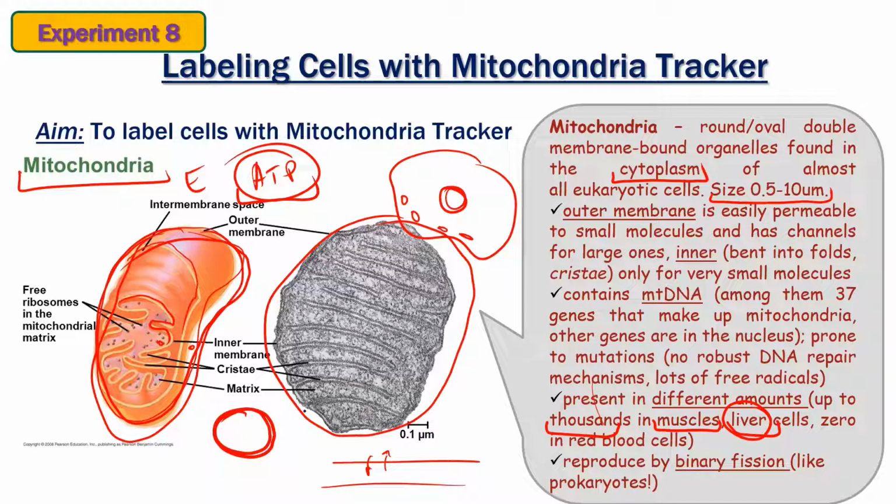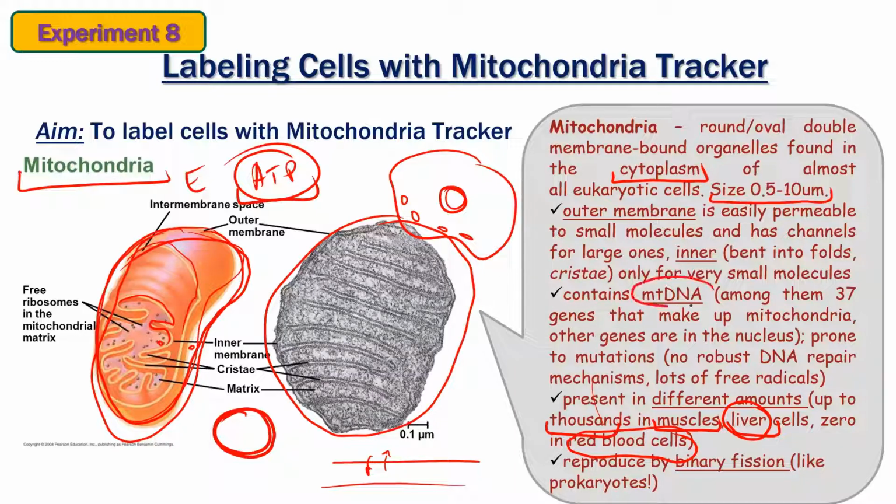And of course, neurons have lots of these mitochondria too, while we have erythrocytes, and erythrocytes actually lack all the mitochondria because they need all the space which is available for keeping the hemoglobin.